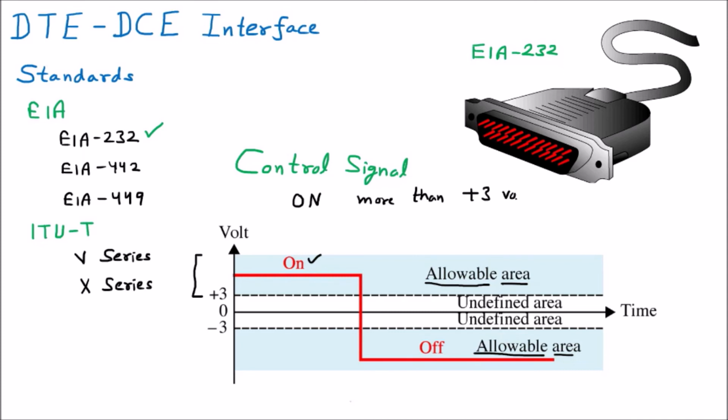If you are sending more than +3 volt, it indicates that the circuit is on. And if you are saying off, it is obviously less than -3. So to represent off, your voltage should be less than -3 volt. By this we can send the control signal, and control signals are going to control the data.